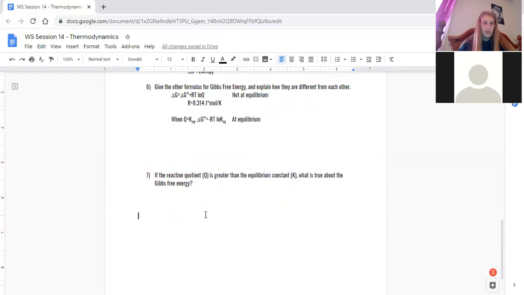Here's our last question for today. If the reaction quotient Q is greater than the equilibrium constant K, what is true about the Gibbs free energy equation?